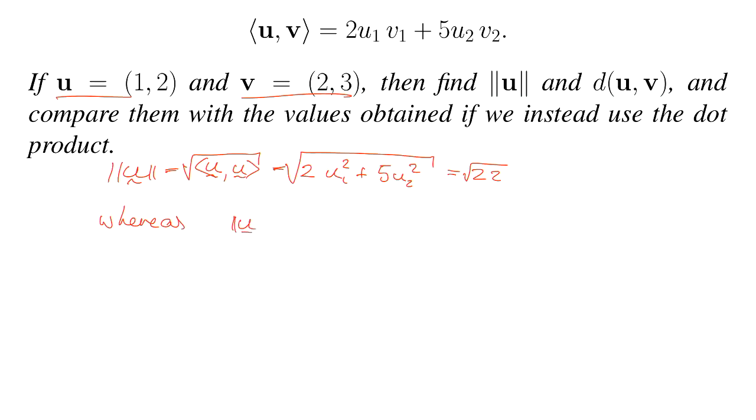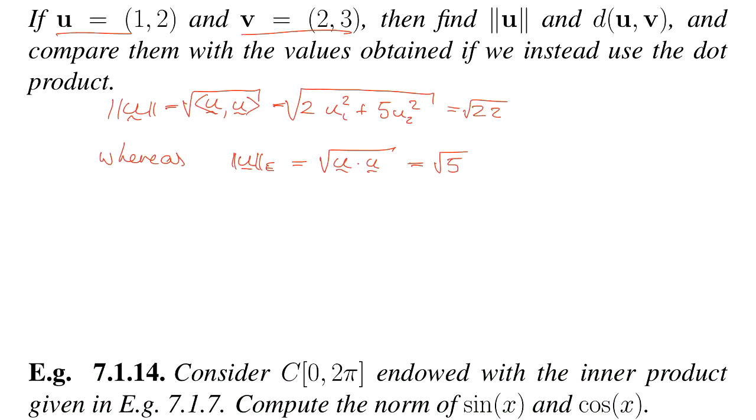Whereas the Euclidean length would be the square root of U dot U, and that happens to be root 5. Right? So they're different. So lengths are not intrinsic properties of vectors in vector spaces. They're intrinsic properties of vectors in inner product spaces. So the length depends on how you've defined your inner product.